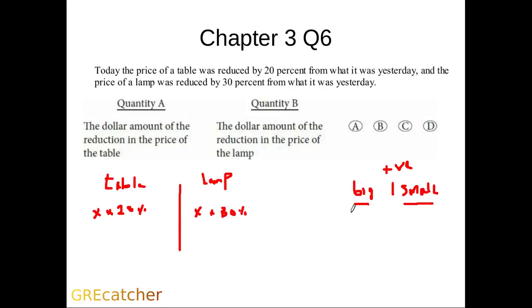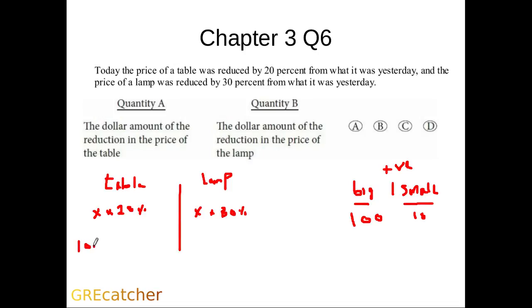So let's say that the big value is something like 100, just use simple numbers, and the small value is 10. Alright, so let's substitute for the table with 100 and the lamp with 10, and let's make another round and substitute the table for 10 and lamp for 100. If you substitute the table for 100, the starting value is 100.